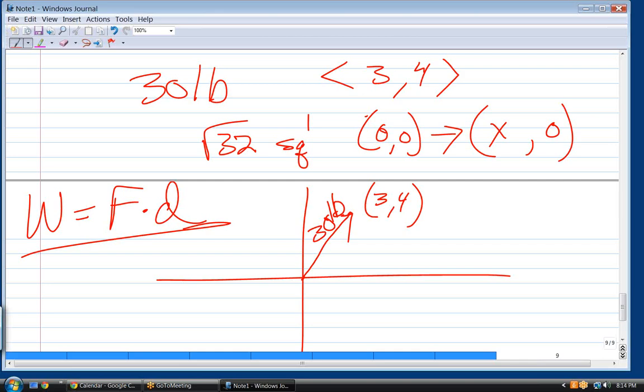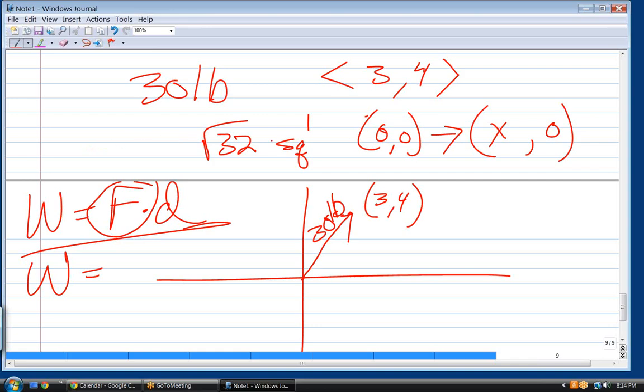Now, we know the force, that's 30 pounds. Presumably the distance, I think we can figure that out. I'm not quite sure from what you've given me, but we can figure out distance. So work is going to end up being a function of x. I'm thinking for a moment here.